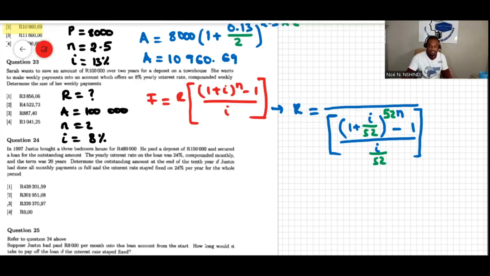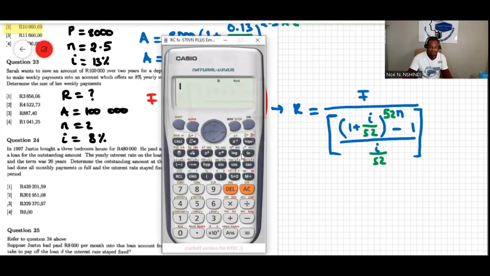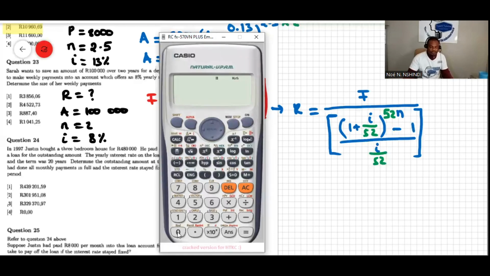The numerator here is F, the future value. Now I can just substitute the values in the calculator. The future value is 100,000, divided by, open bracket, 1 plus i, which is 0.08, that's the 8%, over 52.